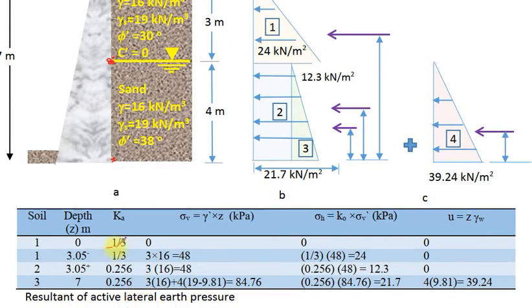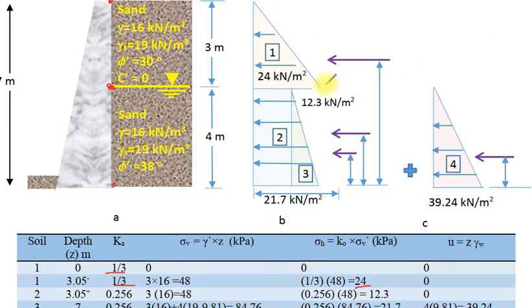Sigma vertical equals 3 meters times the unit weight of the soil, 16, gives 48. Multiply sigma vertical by K active to get the active lateral earth pressure: 1 over 3 times 48 gives 24.